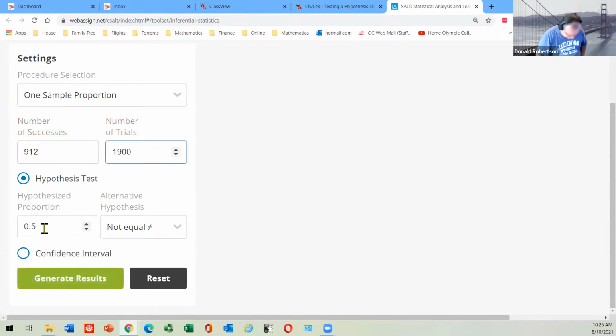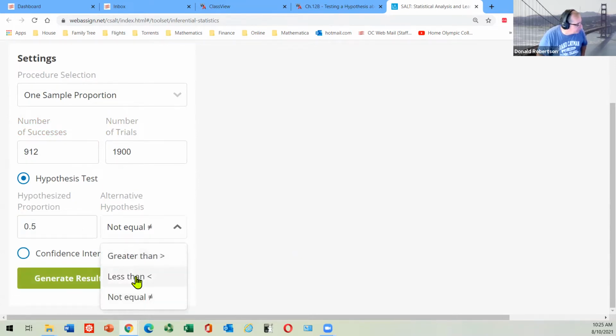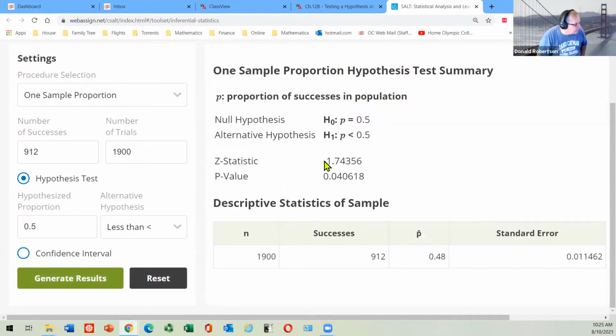And this fella is 0.5, and we're trying to prove that it's less than 0.5. Right, that was the alternative hypothesis. Was it less? And I'll generate the results. And this guy is a z-score, and this guy is the p-value.